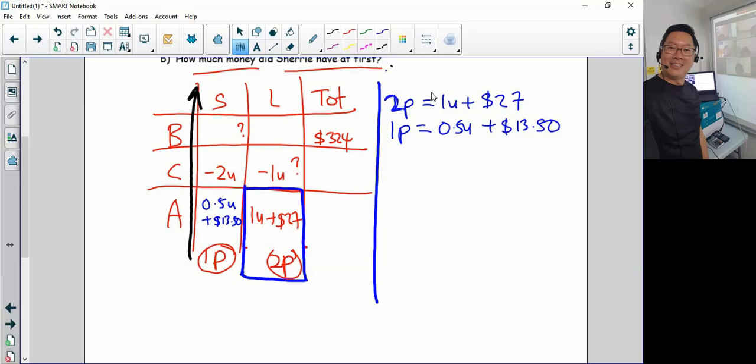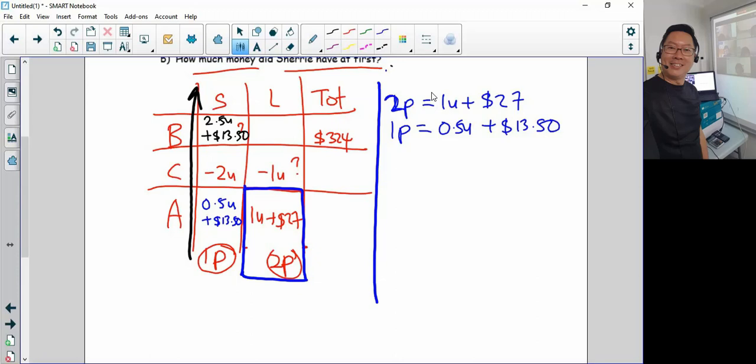So half a unit plus 2 units gives you 2.5 units, and Sherry must have 2.5 units and $13.50 at first, working backwards. This part is important. You must know how to work backwards to fill in the box.